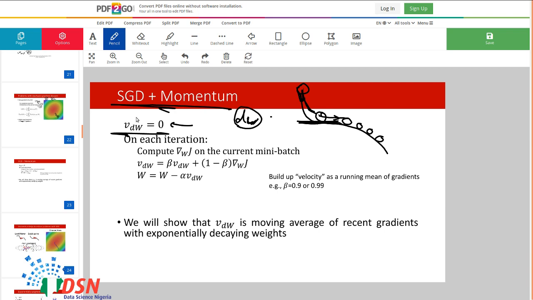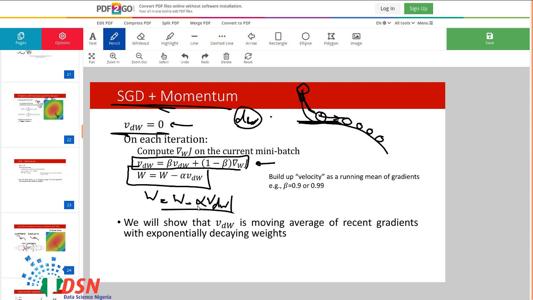First we initialize V of 0, then in each iteration we calculate the gradient for the mini batch with the backpropagation algorithm. Then we take some kind of moving average for your velocity; we will see why this is a moving average. Then you update your weights with respect to this momentum.